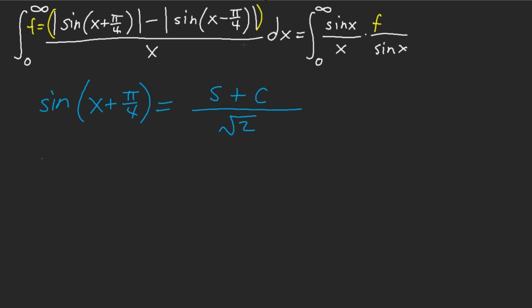But if we do pi minus x plus pi over 4, this is going to equal sine of 5 pi over 4 minus x.